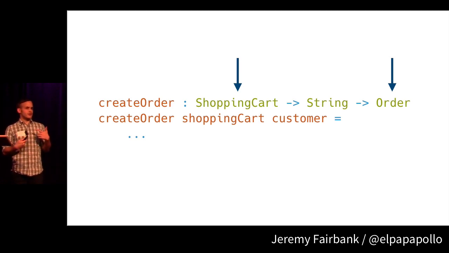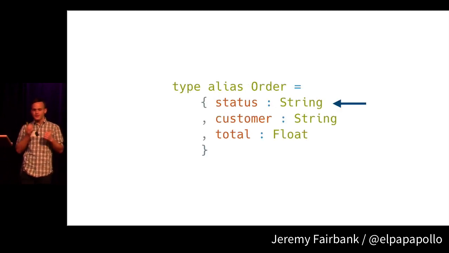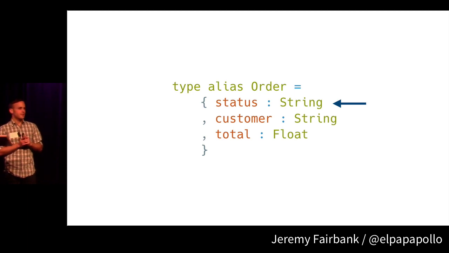Now there's another way we can also build upon this idea of custom types. So if we return back to this order, I'm using a string for the status. And that may not seem like a problem, but within our domain, we might say status can only be maybe 3 values that make sense. But if we're using a string, as far as the type system is concerned, any string is valid.